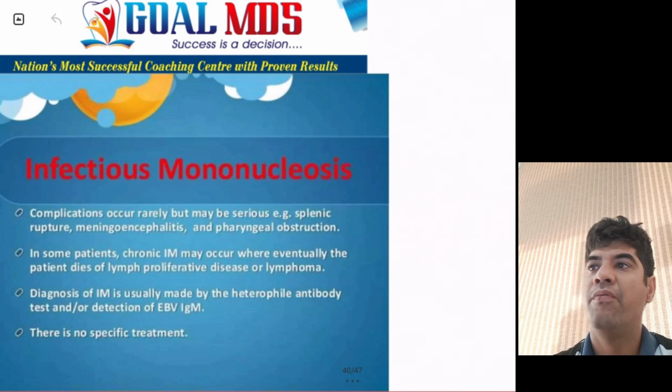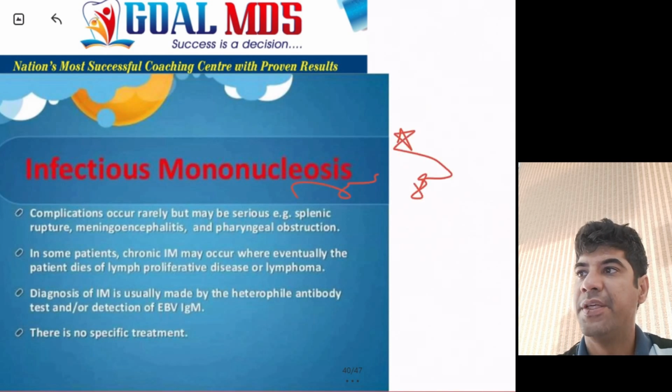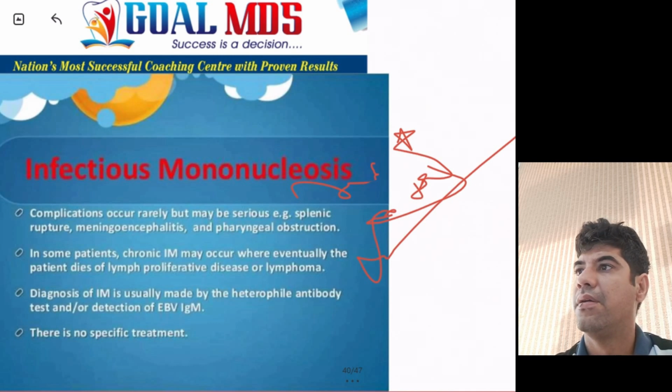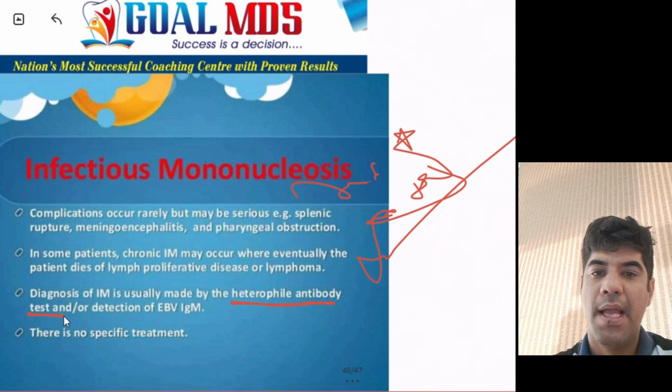Now, very important is how you will make the diagnosis of infectious mononucleosis. Remember for your MCQ exam, the diagnosis is through the heterophile antibody test and IgM antibodies that cross-react.